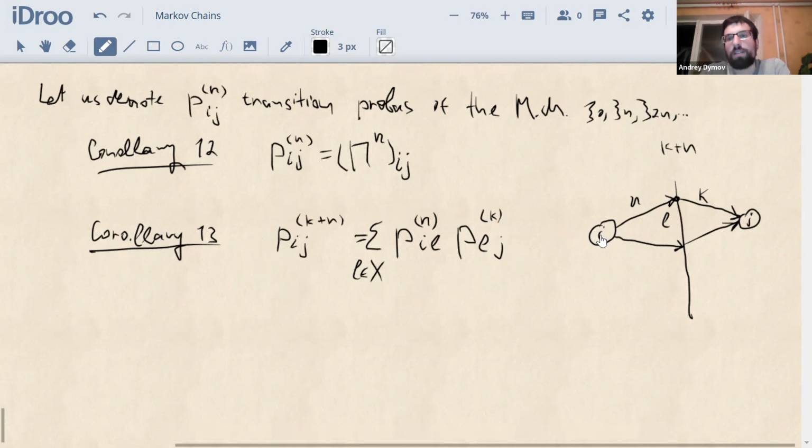It is sitting in the fact that once I arrived to the position L, it isn't important how exactly I went from the position i to the position L. The only thing which is important is that finally I am at the position L. And then to get to the position j, I should know only the transition probability from the position L to the position j.